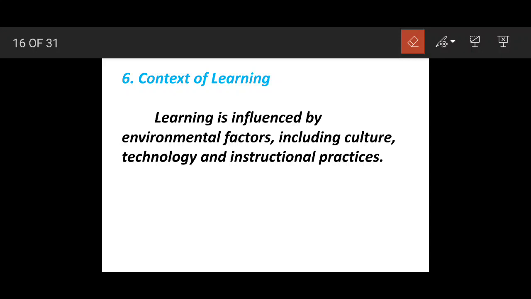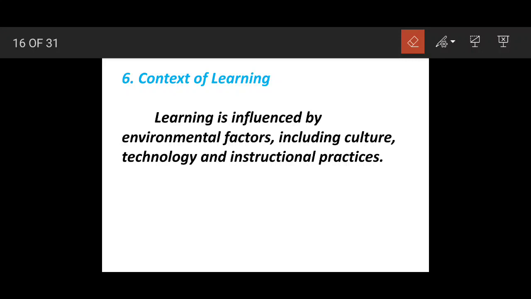They should all be aligned. They should all match. They should all be congruent with the context of learning, including the culture, including the physical environment. No? Context din yung physical environment.